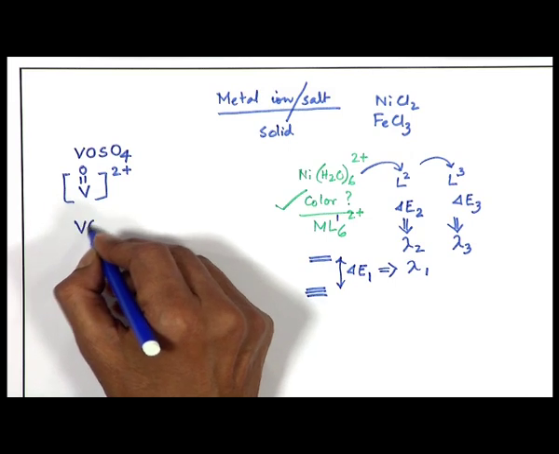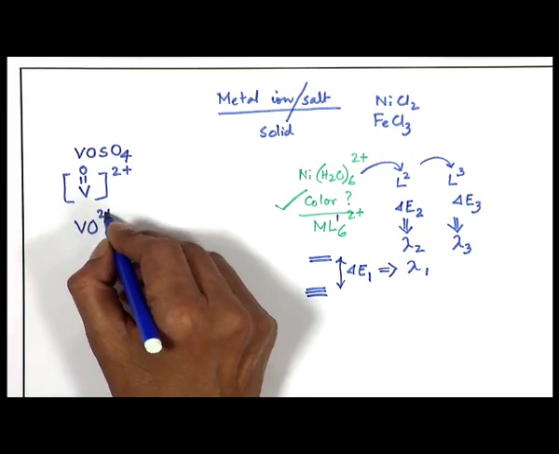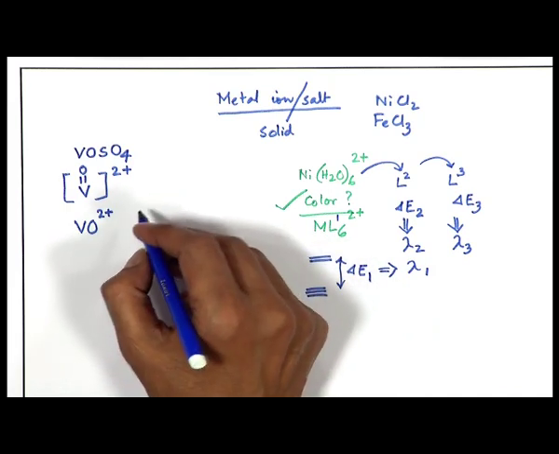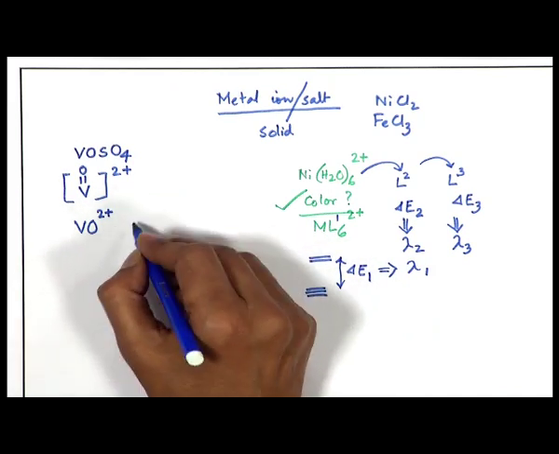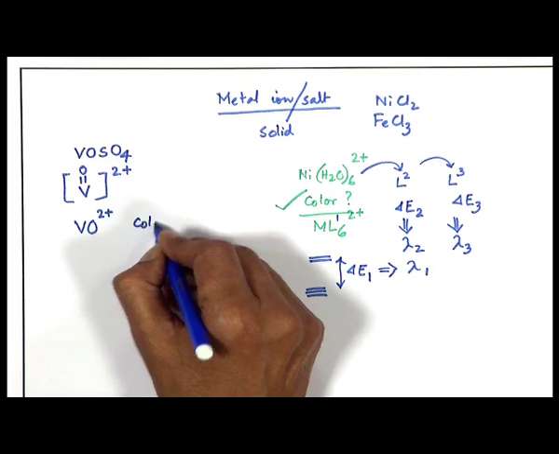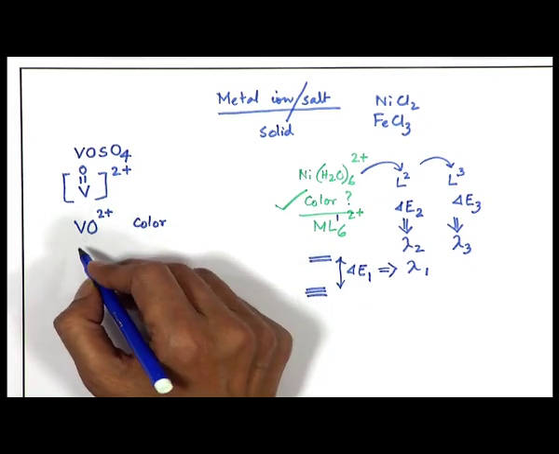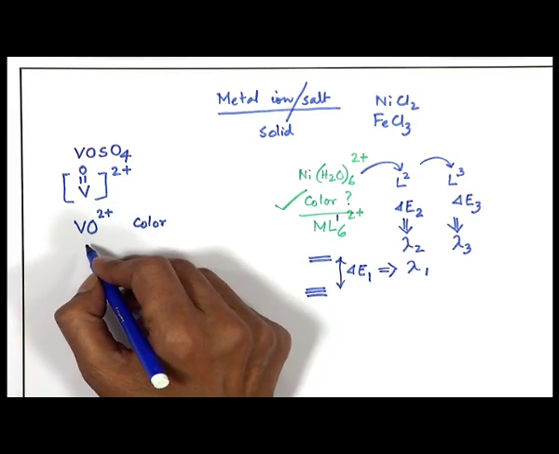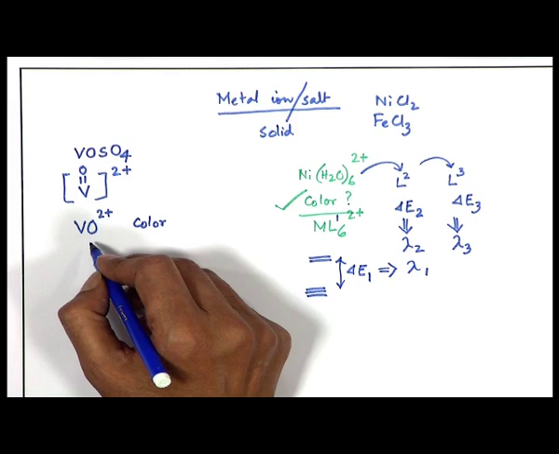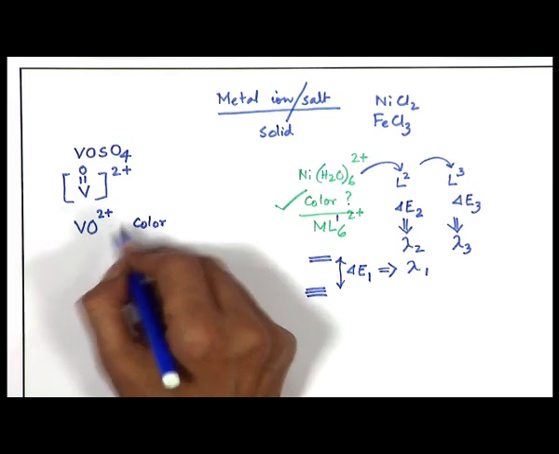So, we basically get the VO2+ species, which is the vanadium ion. The vanadium ion has a particular color, which we know if we dissolve the salt. Similarly, the other species can also be identified by their corresponding colors.